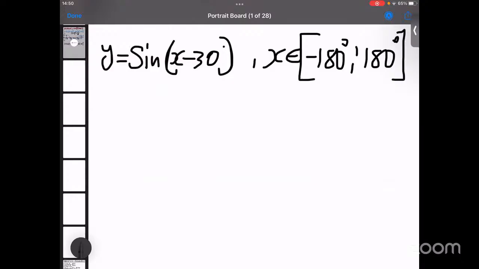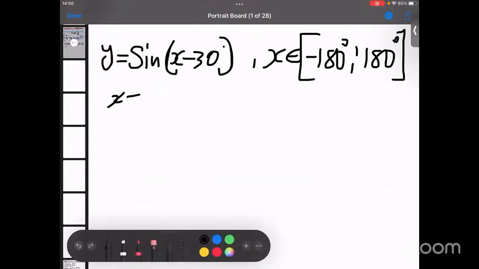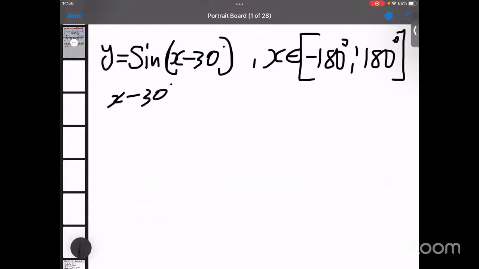I will not waste time on this one, but remember, to calculate the shift, you equate x minus 30 to 0, and then x equals positive 30. So it has shifted by 30 units towards the right because the answer is positive.